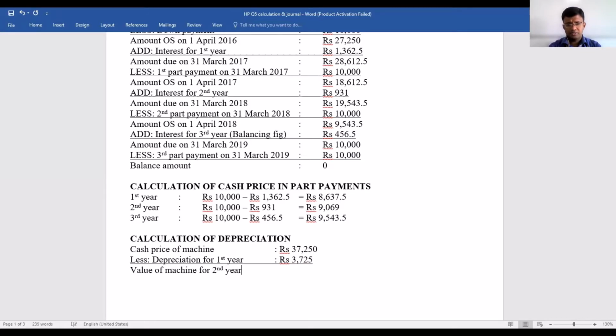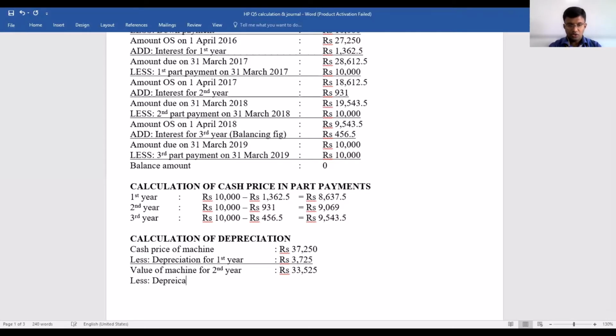So after first year's depreciation computation, you would notice that the value of your machine would have come down to 33,525.